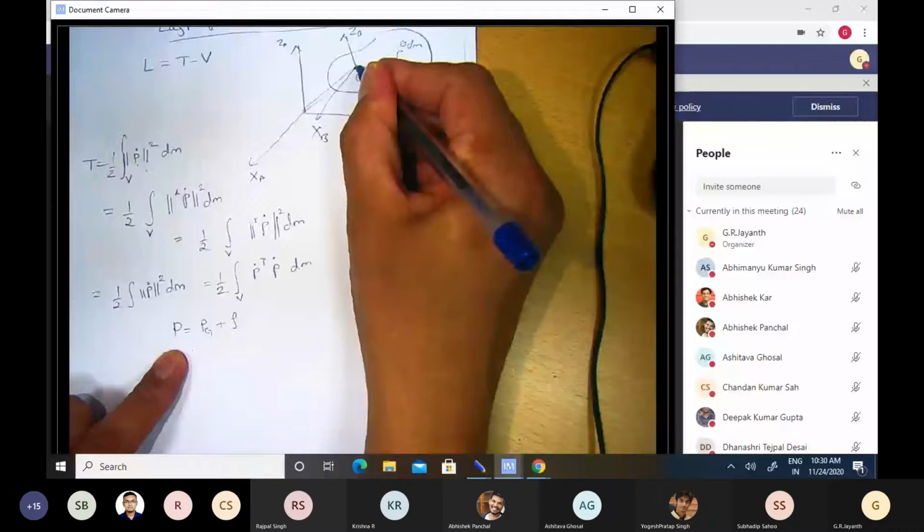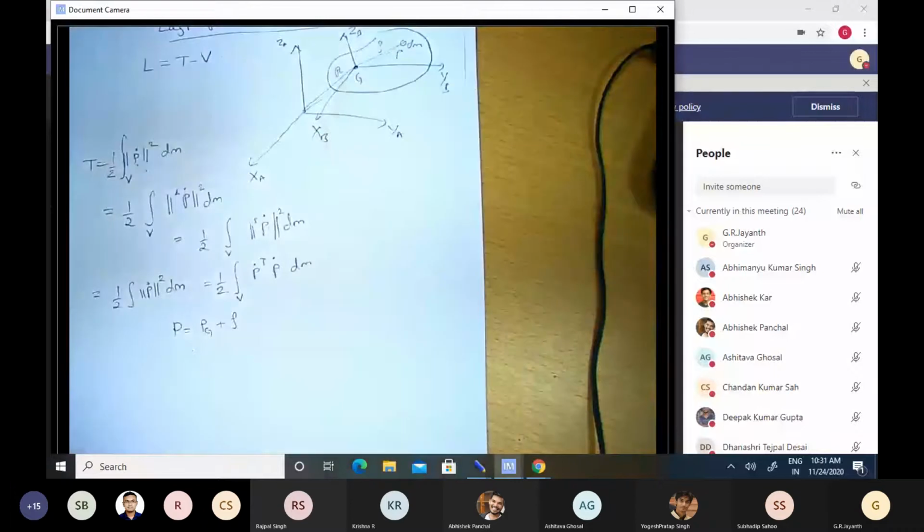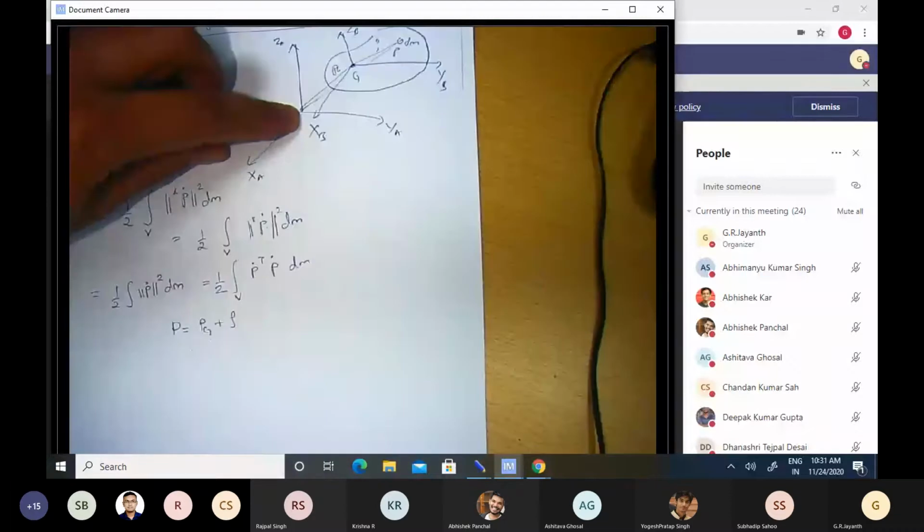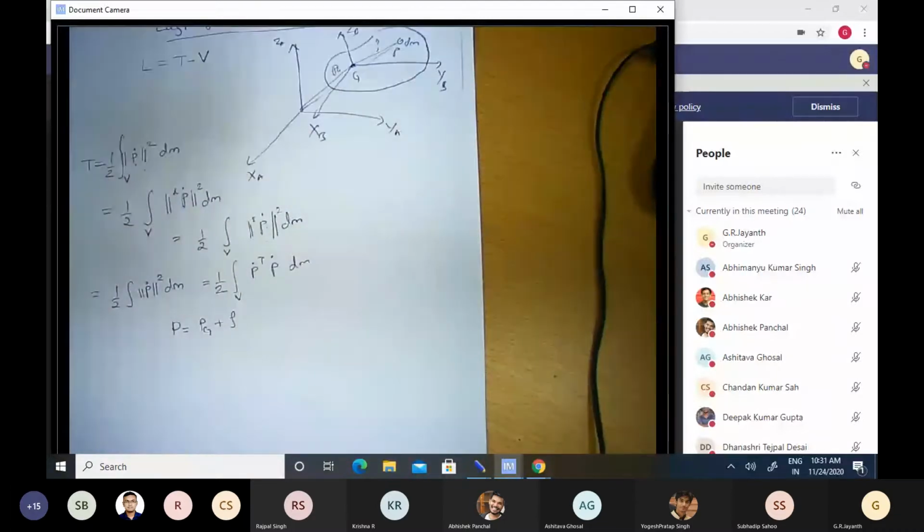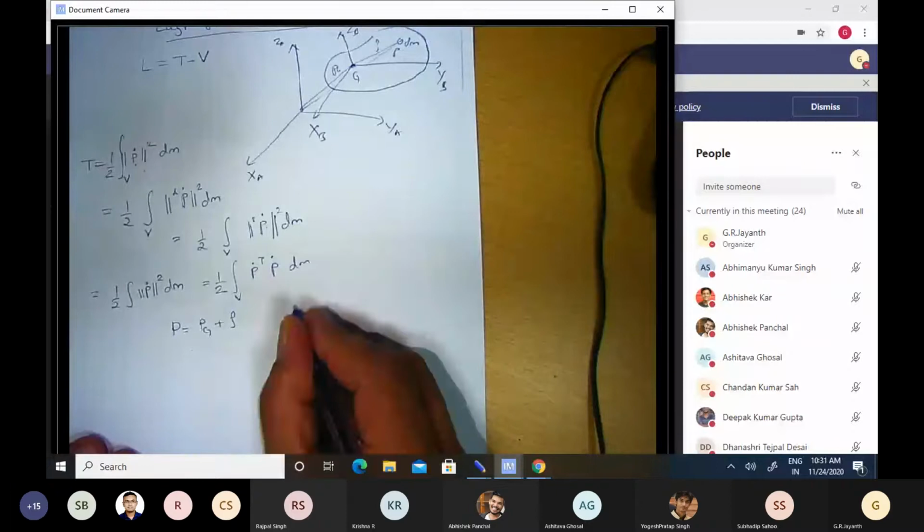I have indicated PG to be the vector from the origin of the A frame to the origin of that B frame, and rho is the relative position vector of that mass dm with respect to the origin of the B frame. So we would therefore have that P dot is equal to PG dot plus rho dot, right?